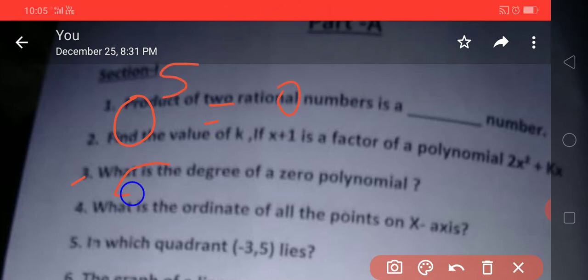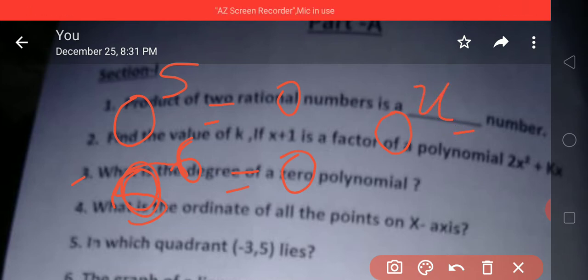Come to third question. What is the degree of the 0 polynomial? If you have given a 0, any power of 0, it will give you the solution 0, right? If you have 5 power, it is 0. If you have 6 power, 0 raised to 6, then it is also 0. 0 raised to x, if x is not 0, then this is also 0.